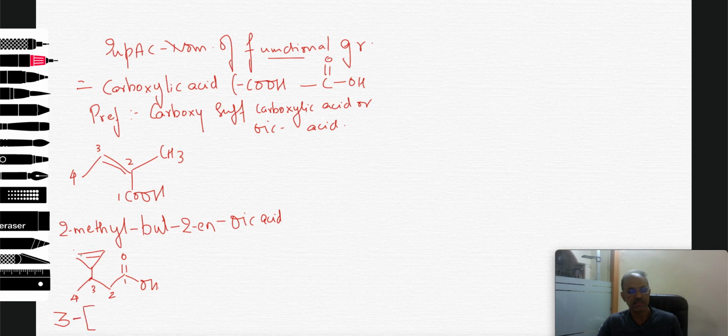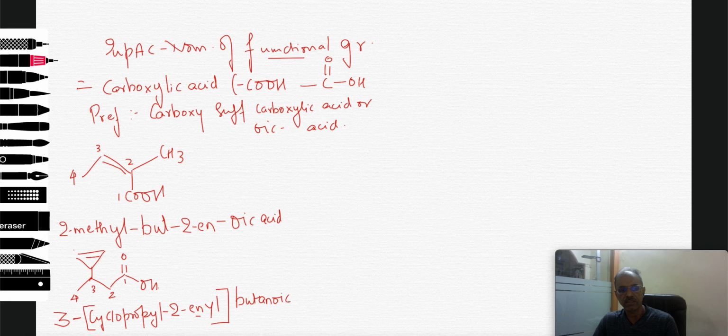Now this is a complex substituent, and it will be cyclopropyl, then 2-enyl. As I've told you in the previous lecture, in a complex substituent the double bond is given as enyl.